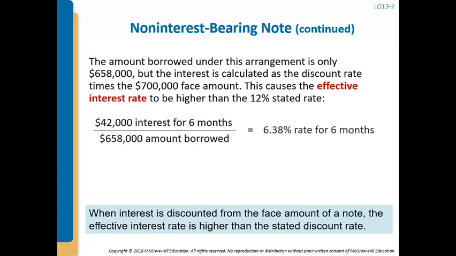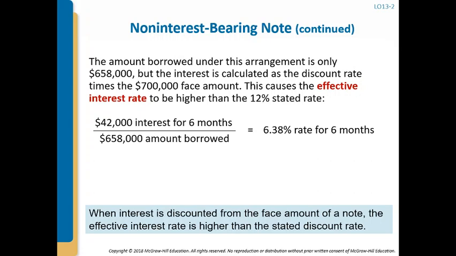So here's how you could figure that out. $42,000 interest for 6 months divided into $658,000 borrowed equals 6.38% for the use of $658,000 for 6 months, but you're paying back $700,000, right?